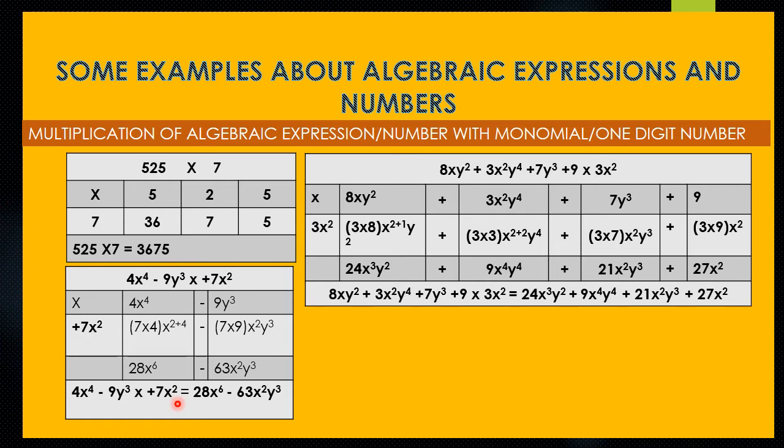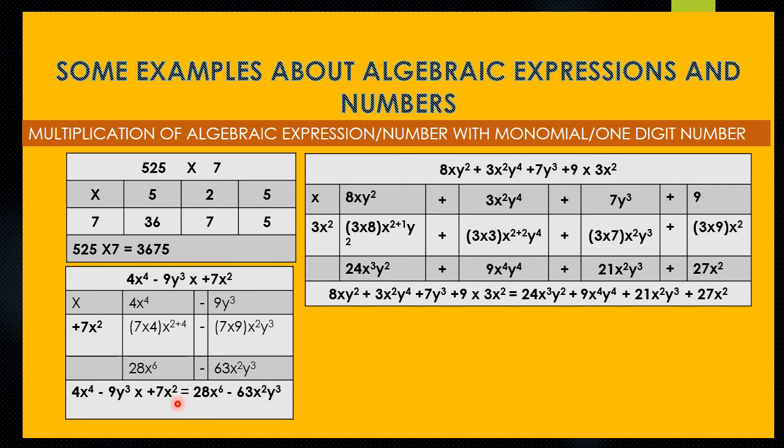Now you look, 3x² has a positive sign, and between 8xy² and 3x²y⁴ there is a positive sign. While multiplying positive with positive, we get a positive sign.